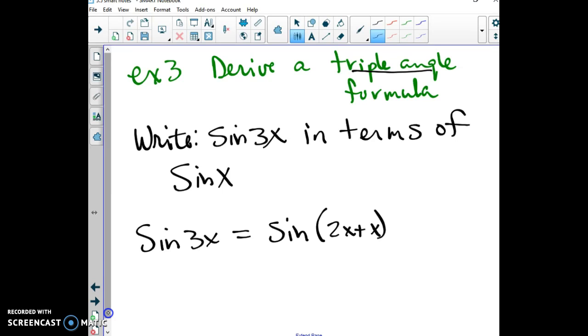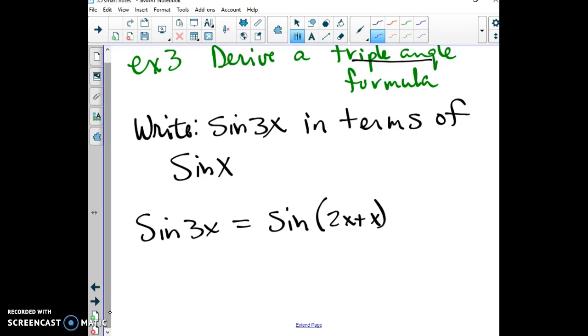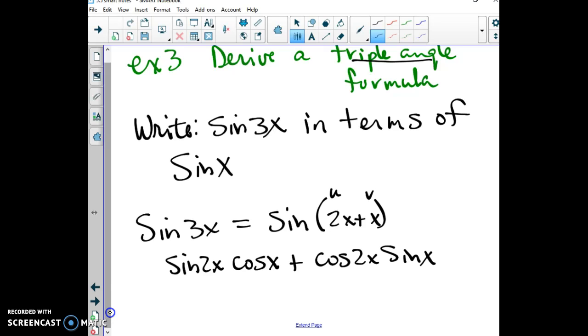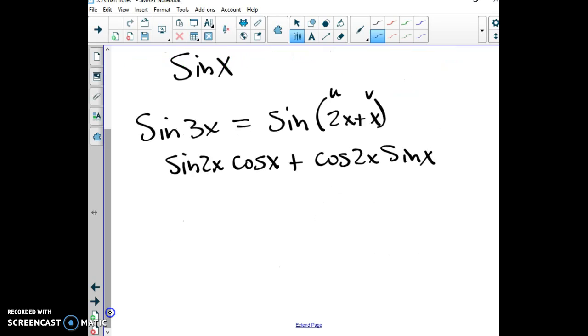We're going to use our sum formula at this point, and we have the sine of 2x times the cosine of x, so this is like u and v that we were doing previously, plus the cosine of 2x times the sine of x. And we're going to want to simplify that. So now we've got all these double angle formulas. We're going to take this one, sine 2x, this is the same as 2 sine x cosine x.